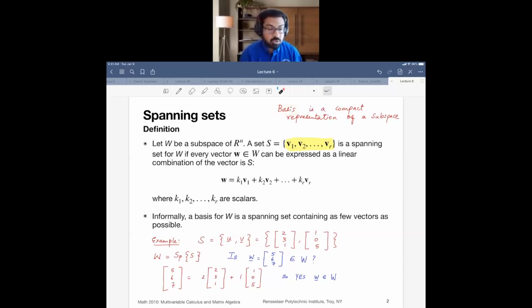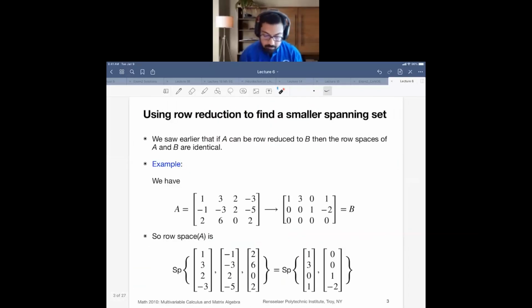But for a basis, for it to count as a basis, all the vectors have to be linearly independent. And what that results in is a spanning set which has as few vectors as possible. So a basis, in other words, is the smallest spanning set of a subspace. And we'll prove this more formally as we go on.